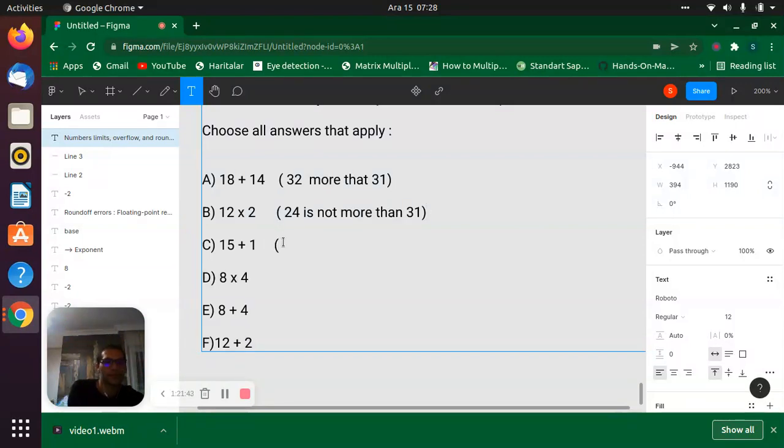I think no. The other one will be 16. 16 is not more than 31. So other one, look at that.